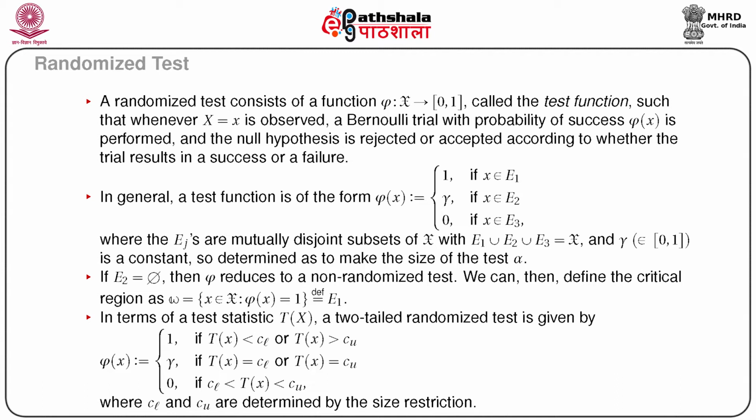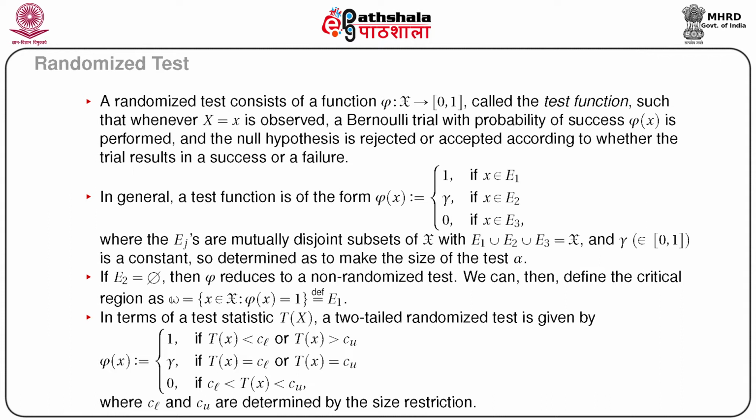In terms of the test statistic T(x), a two-sided or two-tailed randomized test is given by phi(x) equals 1 if T(x) is less than or equal to some constant Cl, or T(x) is greater than or equal to some constant Cu, equals 0 if T(x) lies between Cl and Cu, with randomization at T(x) equals Cl or T(x) equals Cu.